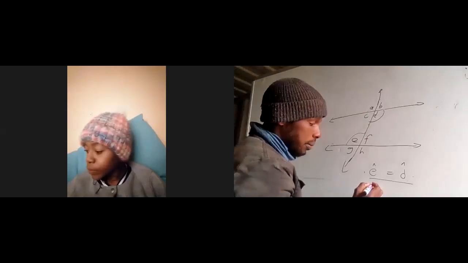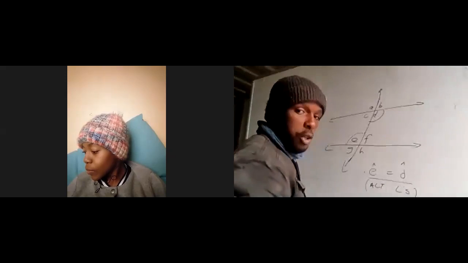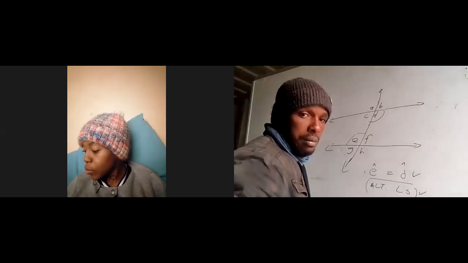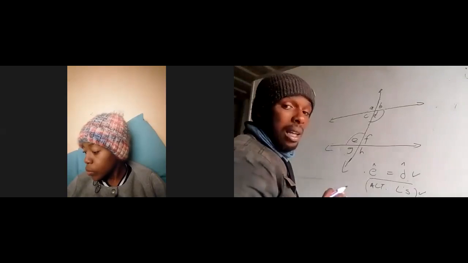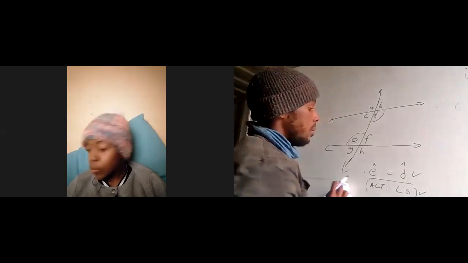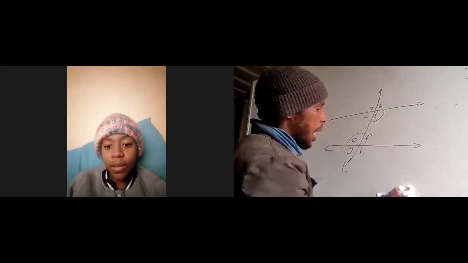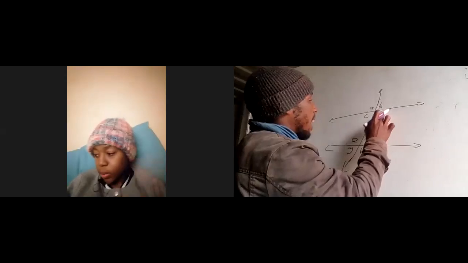We call this rule the alternate angles. You get a mark for the statement and a mark for your reason. So now you have covered rule number 5. What else?